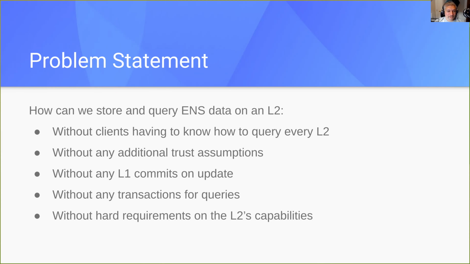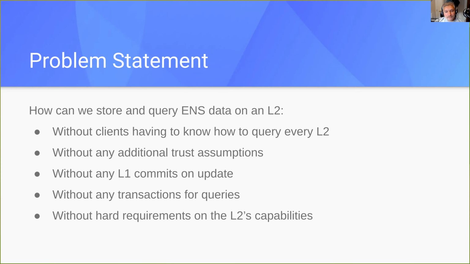We don't want the clients, that is the pieces of software that do the resolution, like your wallet, to have to know how to query every different L2. And we want the owners of names to be able to choose the L2 of their choice rather than having one forced on them, as in, now ENS is on Polygon or any other network.